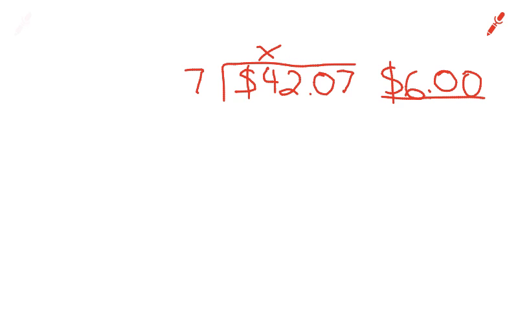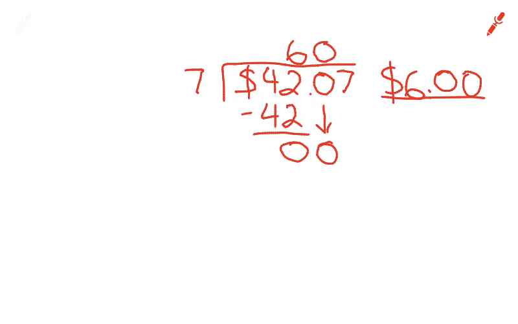If you did, please erase that. 7 goes into 42 6 times. 6 times 7 is 42, so I'll write that down here. Now we need to subtract. We get 0. We bring down our 0.